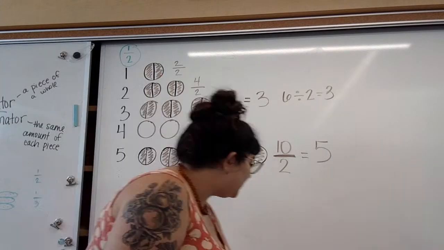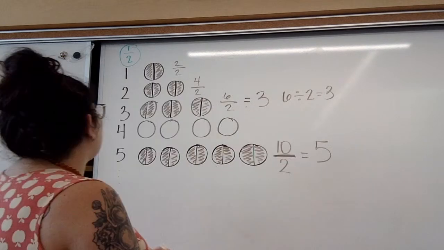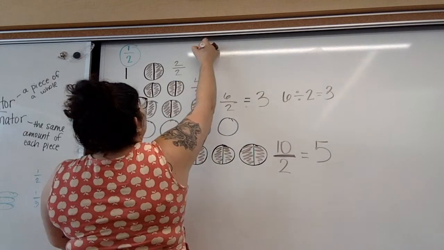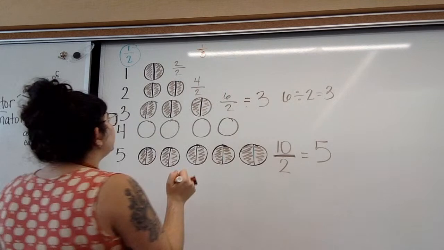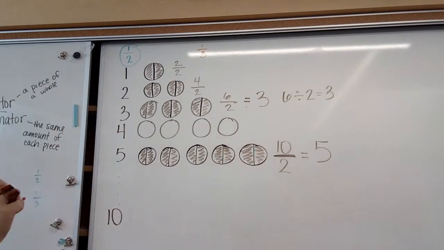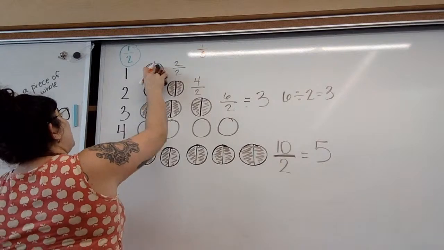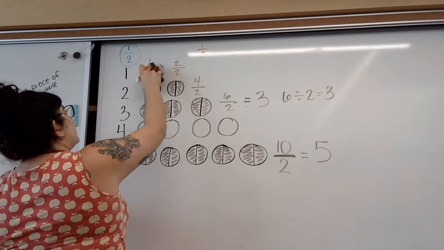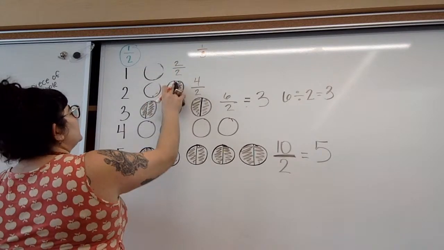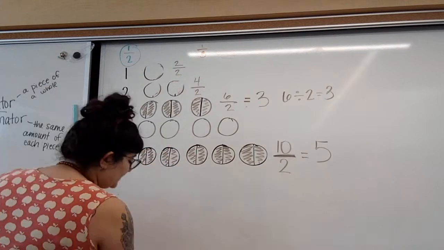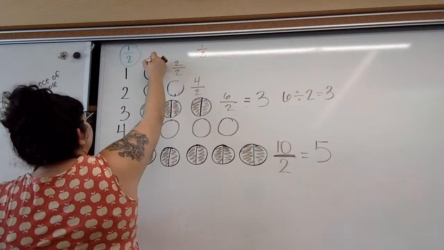Now, I'm going to use a different color marker to represent this. So if I wanted to do 1/3 instead, that means I would represent these by cutting them up into what? Thirds. Let's see if this represents what we're talking about.